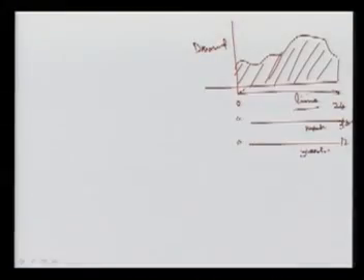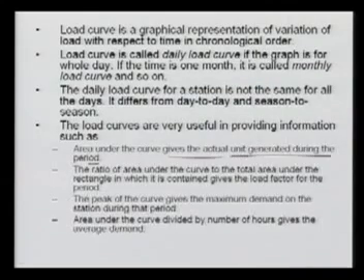The peak gives the maximum demand, which I have said, and we can also calculate other things, like the ratio of the area under the curve to the total area of the rectangle which contains it, which gives the load factor of the period.